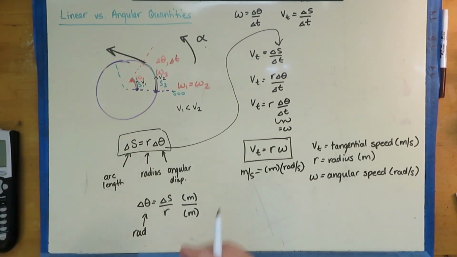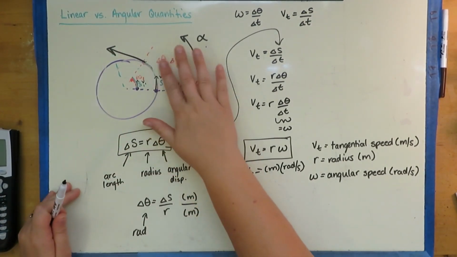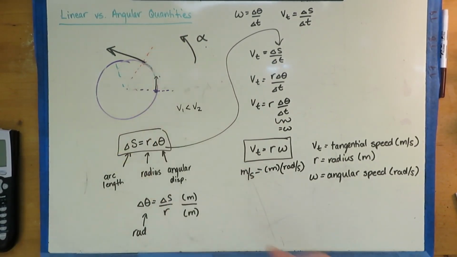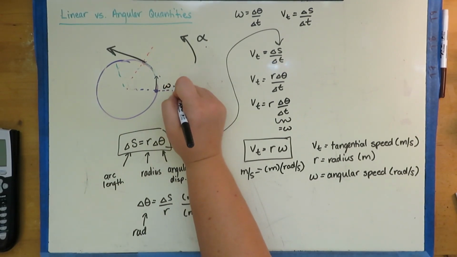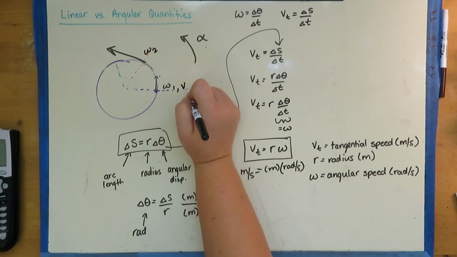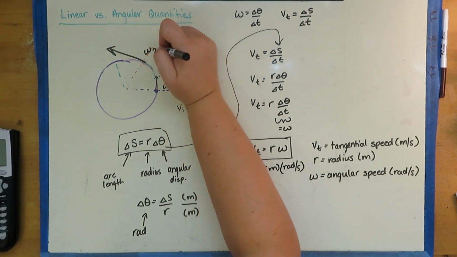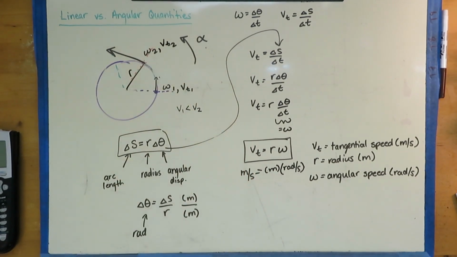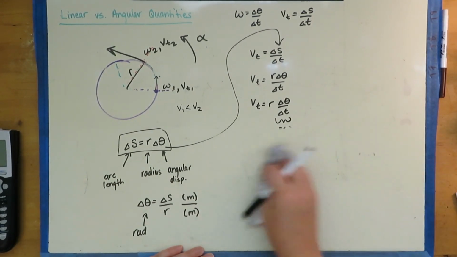I'm going to have some change in velocity. At this point, I could have some omega 1, and some omega 2, with a corresponding tangential velocity there, and there, at some radius from the center of the circle. So I would have some change in linear speed and change in rotational speed.